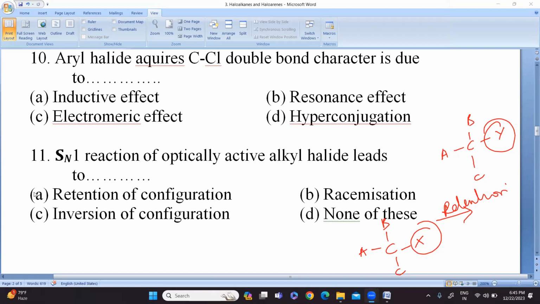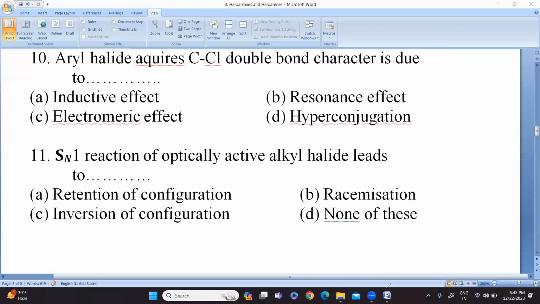Fine. Next is inversion. What do you mean by inversion? Inversion means what? There will be breaking of a bond. Suppose I take C with A, B, C, and X. So when this undergoes a reaction, there will be a change like this.